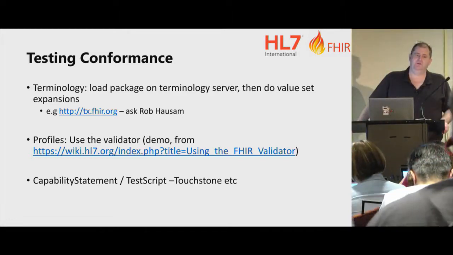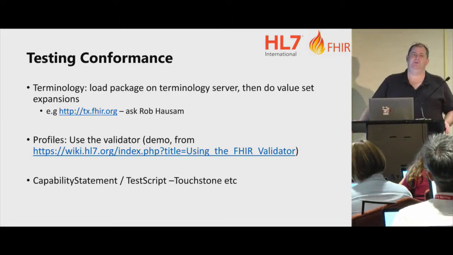If I have a value set in the implementation guide, this will not be validated with the validator in terms of terminology. So if I have my own code system and my own value set, I would need to upload it to a terminology server separately first. Well, the IG publisher includes a mini terminology server that's fully capable of doing code system-based value set operations for all the code systems in the IG itself.